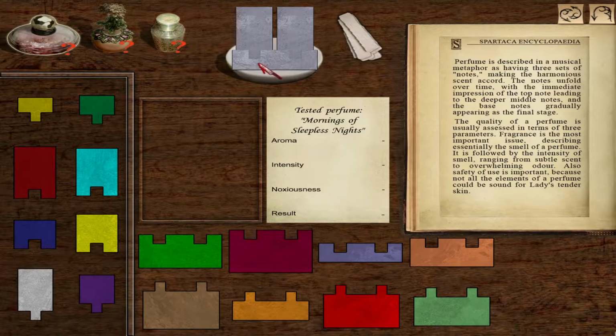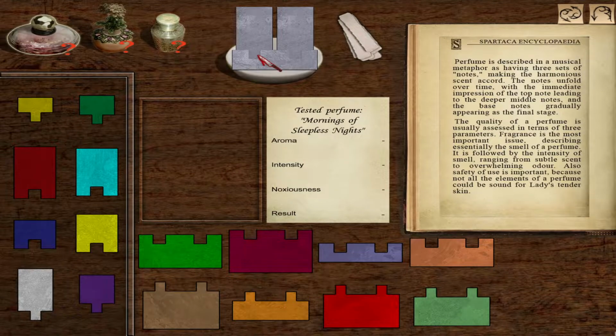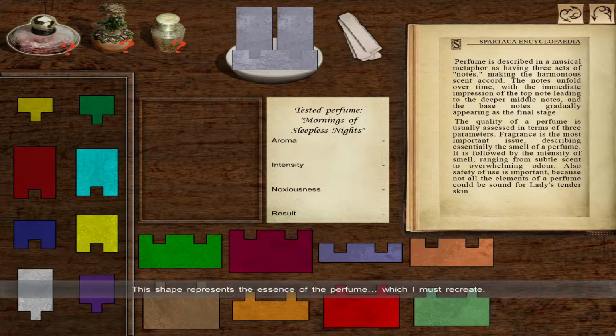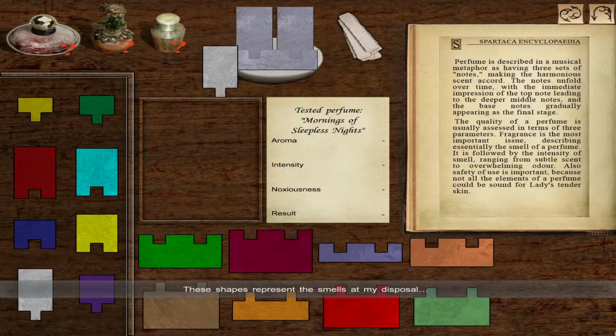Okay, what am I supposed to do? This shape represents the essence of the perfume, which I must recreate. So that would be some of these, but how? The shapes represent the smells at my disposal.